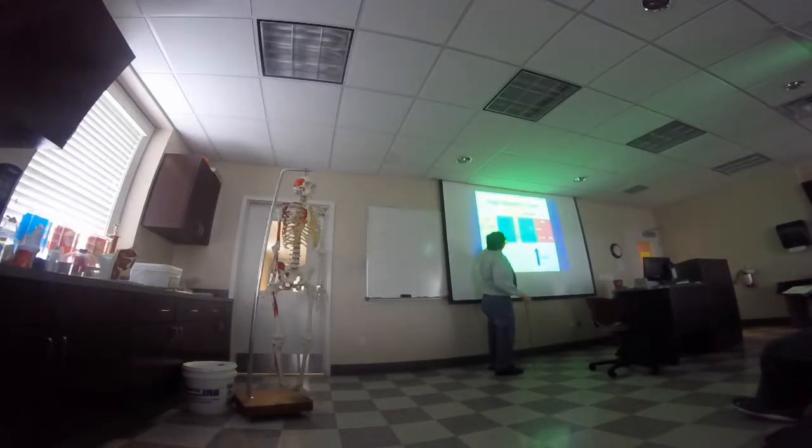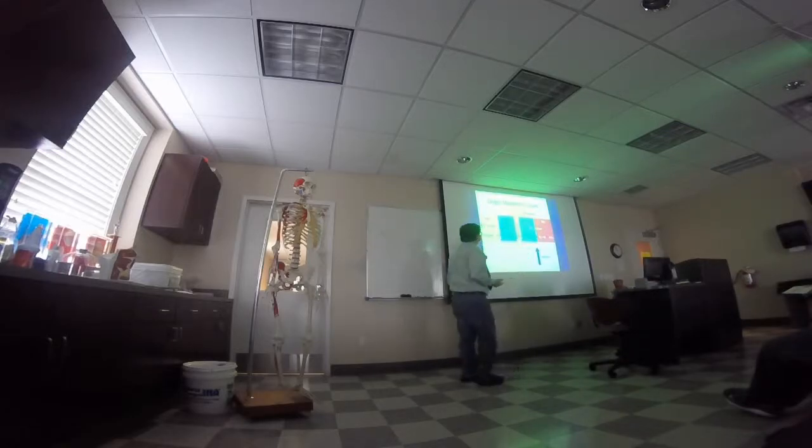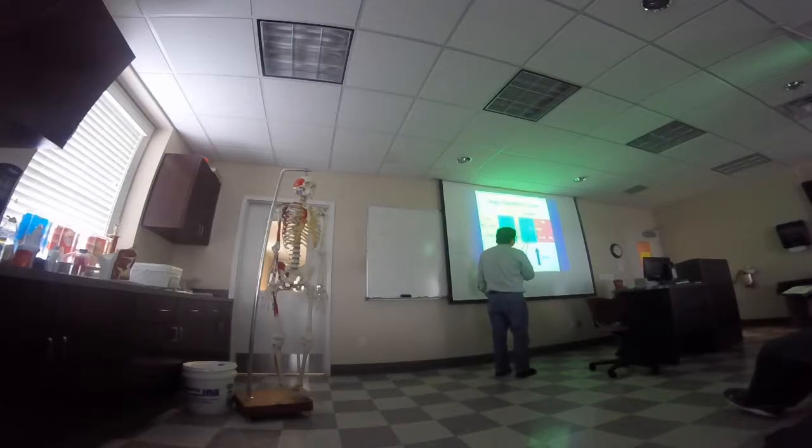It's around 40 millimeters of mercury within this interstitial fluid. Because there's a gradient, the dissolved oxygen starts to cross from the bloodstream into the interstitial fluid of the tissue. Then it's going to move from the interstitial fluid into the cell.